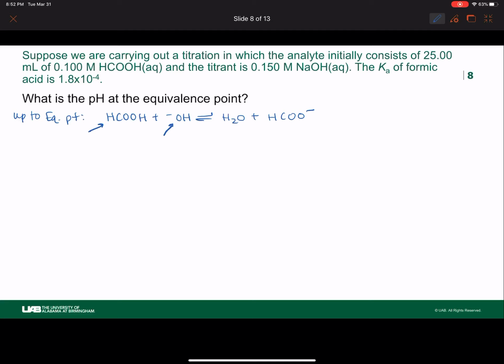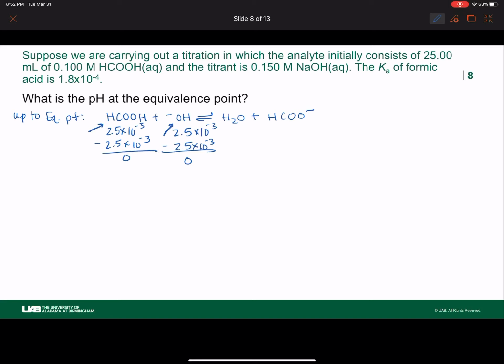But at the equivalence point, like we saw with the volume calculation for part E, we have added the same number of moles of base as we had acid initially, or that's 2.5 times 10 to the minus 3. As we added that strong base, it reacted completely, and so none of that strong base is present. And it reacted completely with this weak acid.